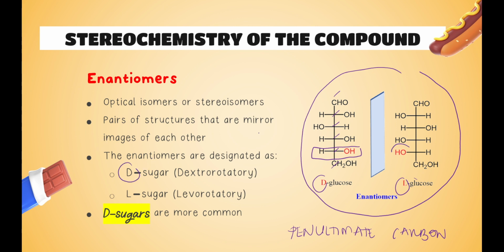If the OH group is on the left side, designate that as L or levorotatory. Very easy to remember, L stands for left. Of course, D is automatically right. Most of the sugars present in our body, the common ones, are actually in the D form. So again, just remember D and L for enantiomer.